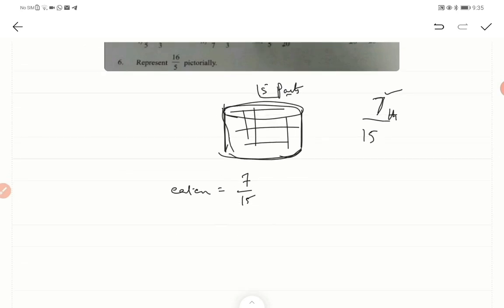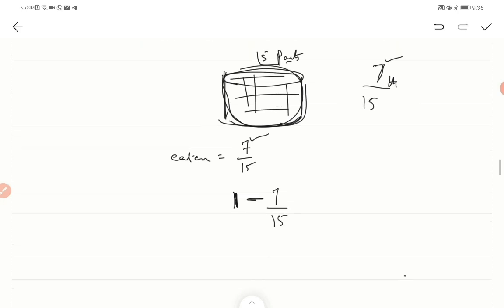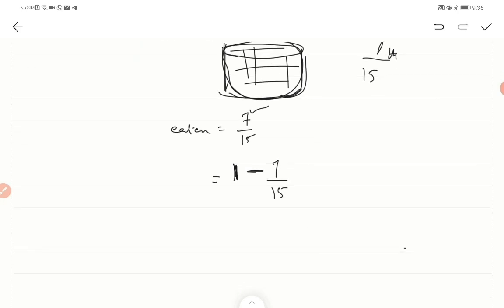So our total cake I will take as one cake. We want the remaining cake which she ate in the afternoon. How much did she eat? So my cake will be 1 minus the eaten part. The whole cake I'll take as 1, and the eaten part is 7 by 15. So 1 minus 7 by 15.